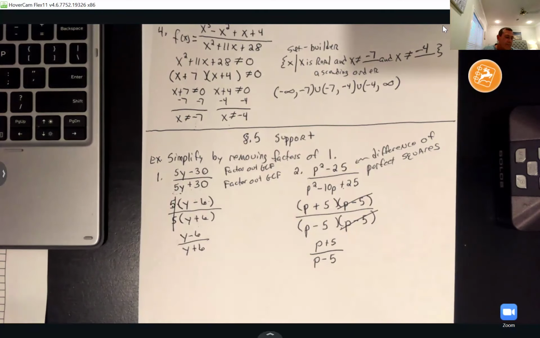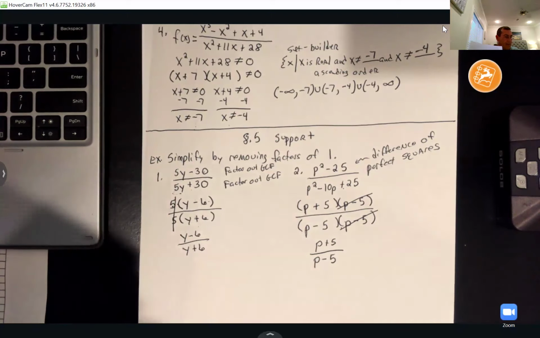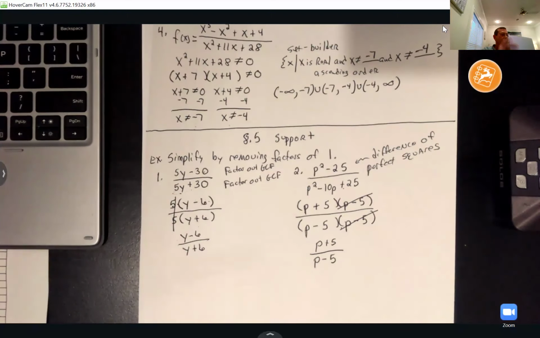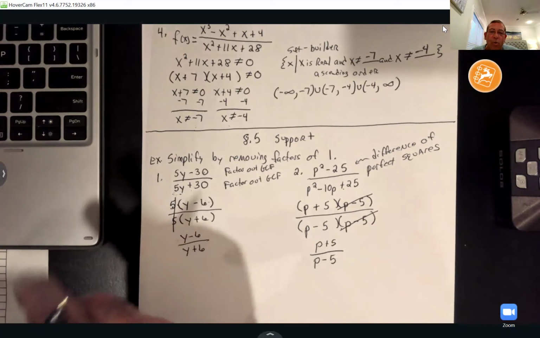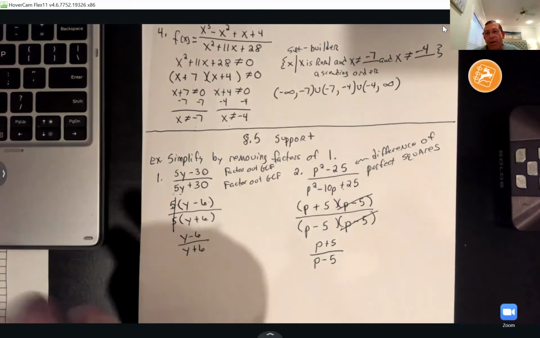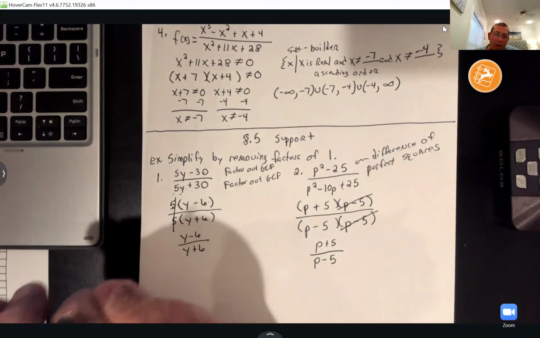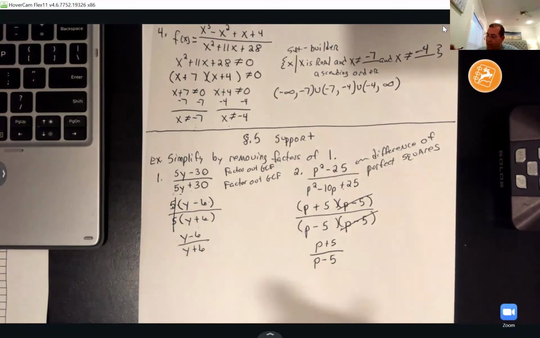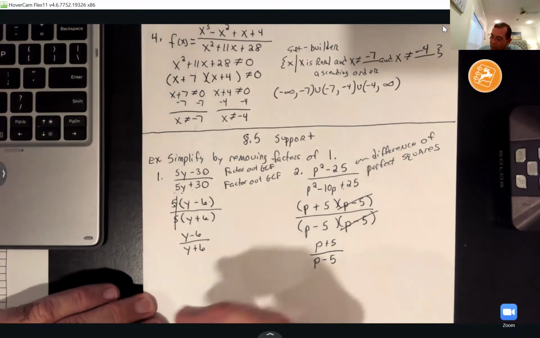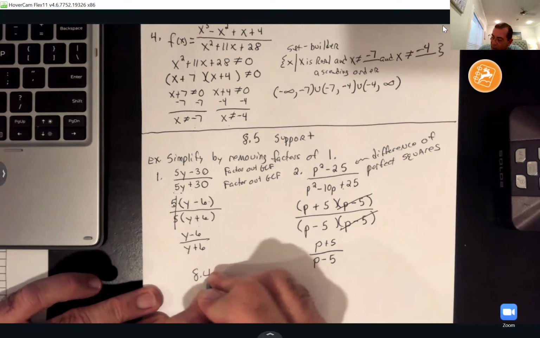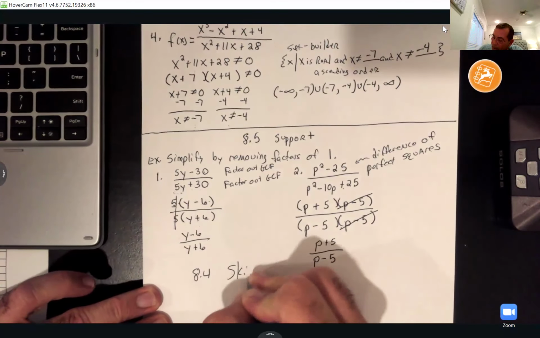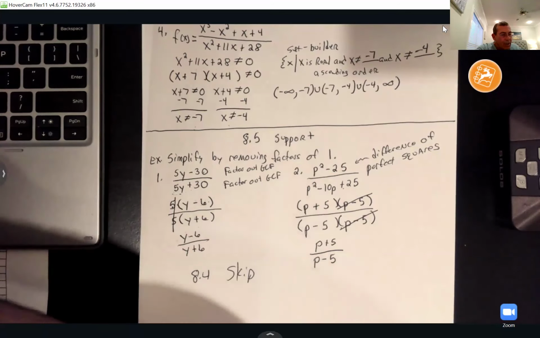Oh, so 8.5, we'll be learning some new words like vertical asymptotes, horizontal asymptotes, and all that fun stuff. Now, I do want y'all to remember on 8.4, I want y'all to skip what was them 2 numbers.